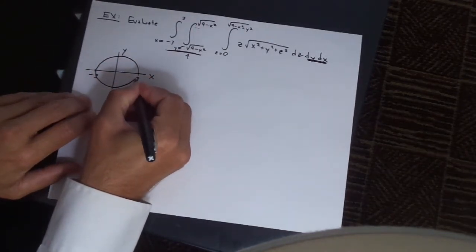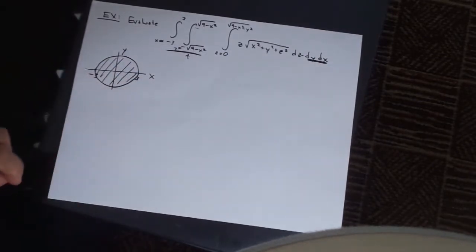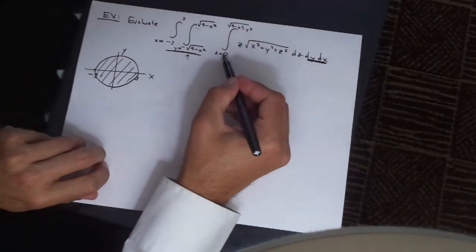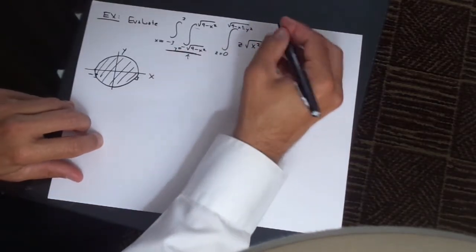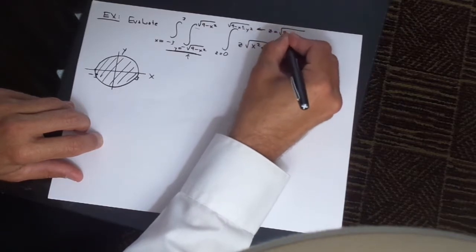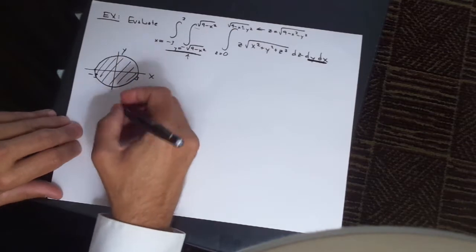So here's the circle. You have a circle right here. And we're looking at z starting at 0 and going to the top of this equation. This right here, if you set this equal to z, this turns into the equation of a sphere of radius 3.